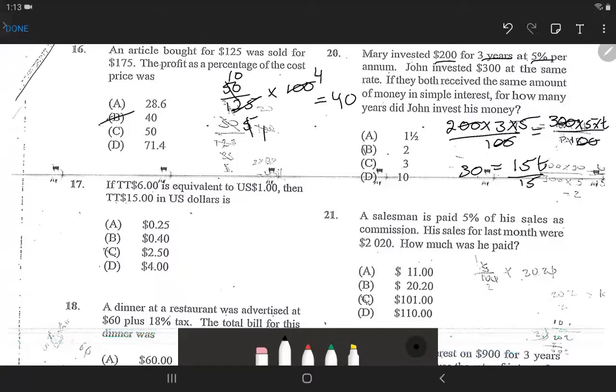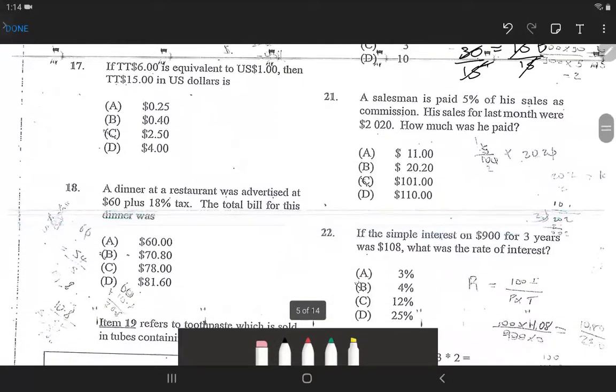Divide both sides by 15. So the time John invested is 2 years. $6 is equivalent to $1 US, then TT $15 in US is $2.50.